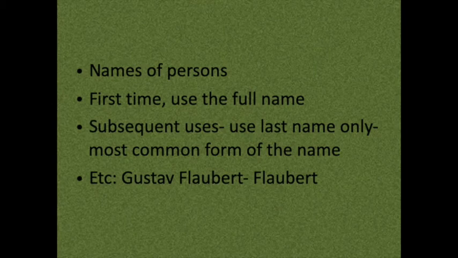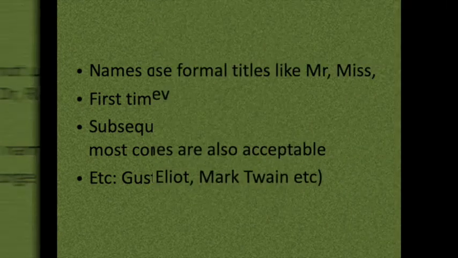When you use name of the person while you write, only at the first time you can use the full name. In the subsequent cases, you use only the most common form of the name, like in the example, Gustav Flaubert. That way you can use at the beginning, but later only Flaubert.